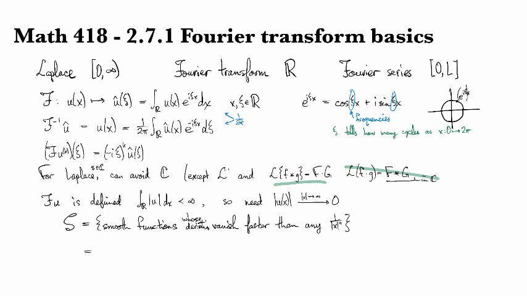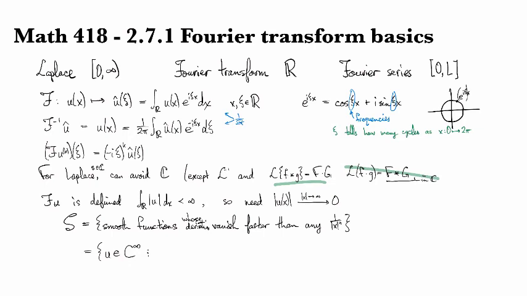To make this more precise, this is going to be all C infinity functions. A function is said to belong to the class C infinity if you can differentiate it arbitrarily many times. No matter how many times you differentiate it, you get another continuous function.